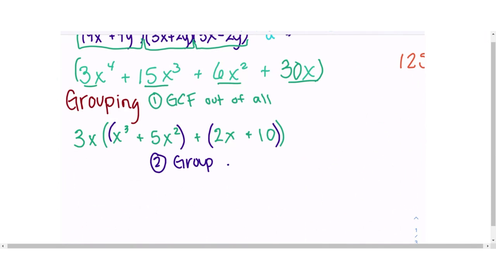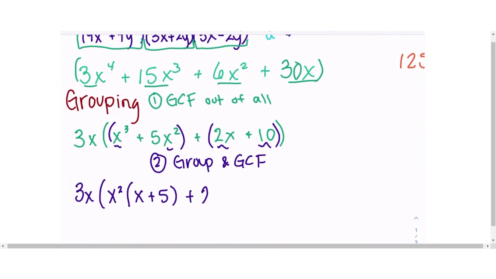We still have our 3x, it stays there. And I can see out of these first two, the thing that they both share is an x squared, and what I'm left with is x plus 5. And then out of these two, I can see that they both share a 2, and what I'm left with is x plus 5.